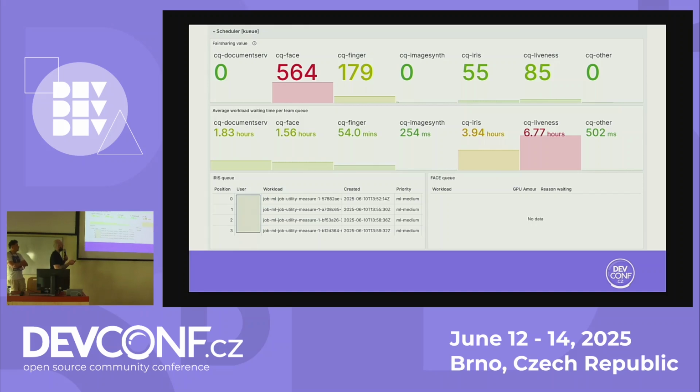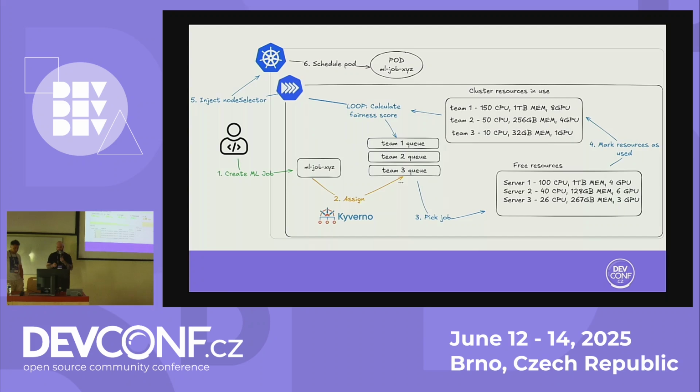The second row shows the average waiting time per queue per team, and then in the third row there's the implementation of the queue itself, where you can see the name, position, when it was created, priority, and then if you scroll more to the right, there's a description of why the workload is not being scheduled. So for example, one server is missing 1 GPU, another is missing 0.5 terabytes of RAM. So the researchers know exactly why their workload is not being scheduled.